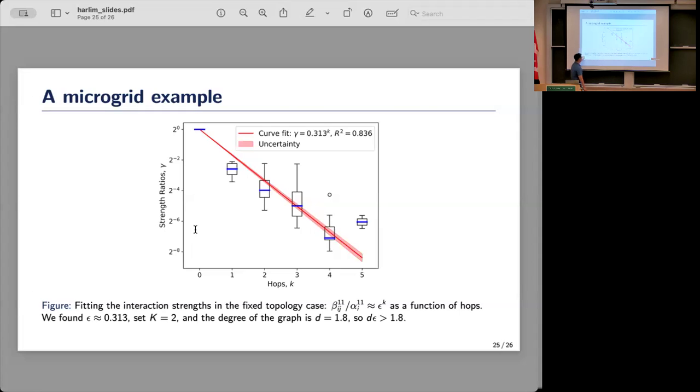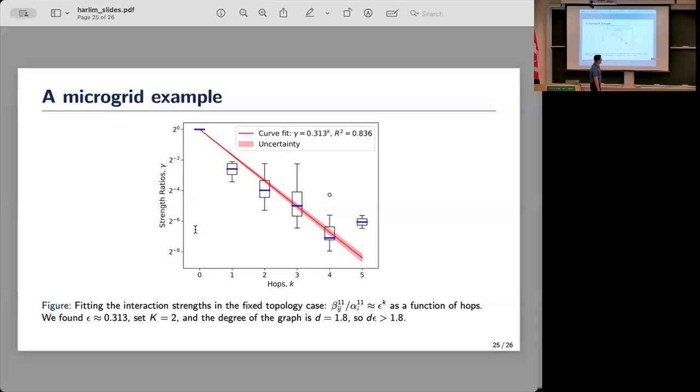We basically found epsilon is this in this particular case. You just fit a linear fit, with a coefficient of determination, R squared, of 0.83. And in this case, we set k to be 2, because below k=2 the ratio of epsilon is already really tiny.